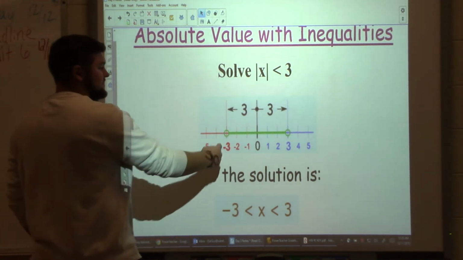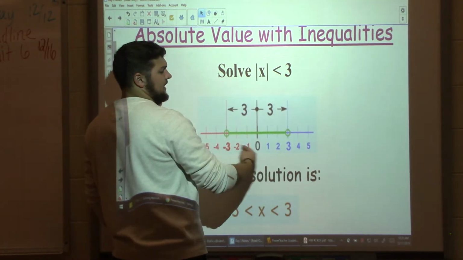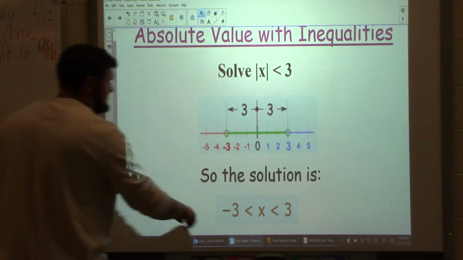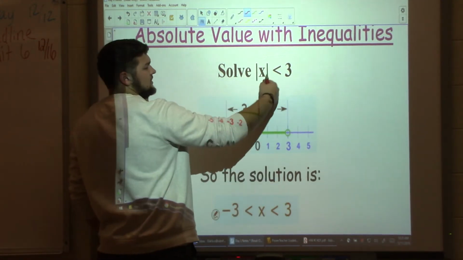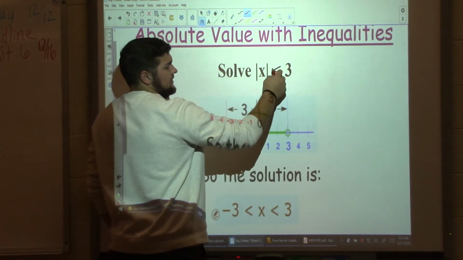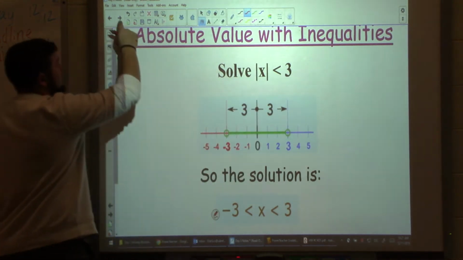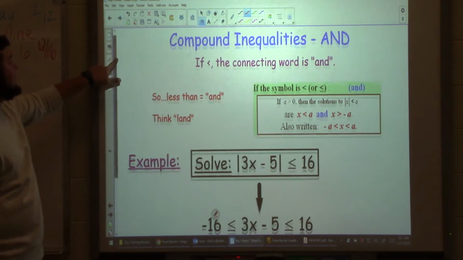Well, if you look at this graph, we've seen a graph that looks like this before, haven't we? Yeah, what type of graph is that? An AND graph, right? We did that on Day 1, right? Yes. Day 1. So what's going to happen, guys? If you have an absolute value equation, or absolute value inequality, and it is a less than symbol, our connecting word is going to be AND.